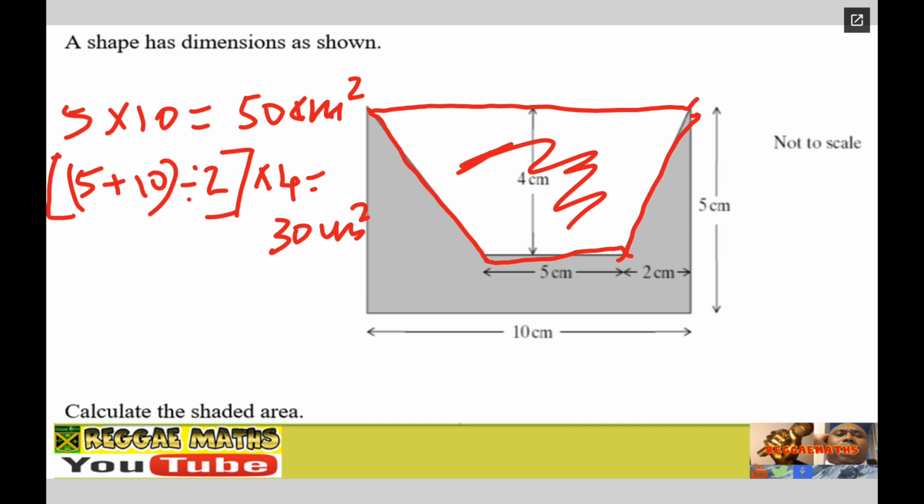Then find the difference. So the shaded region is going to be 50 minus 30, which equals 20 centimetres squared.